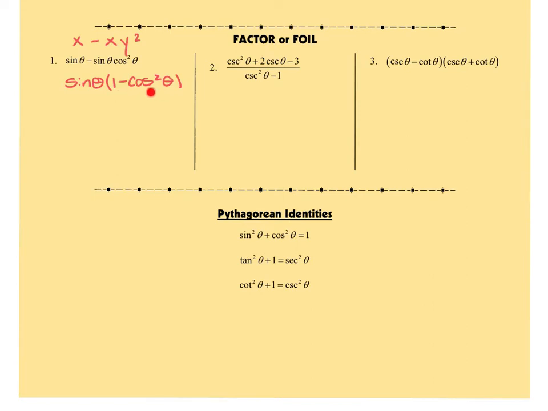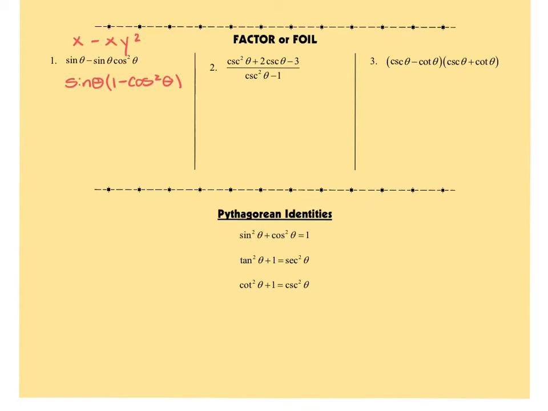So since I've got this 1 and the cosine squared, I'm going to come down here and look at this Pythagorean identity. And sure enough, if I have this 1, and if I imagine I take this cosine squared and subtract it to the other side, then this side of the equation would be 1 minus cosine squared theta, and then the other side would be sine squared theta.